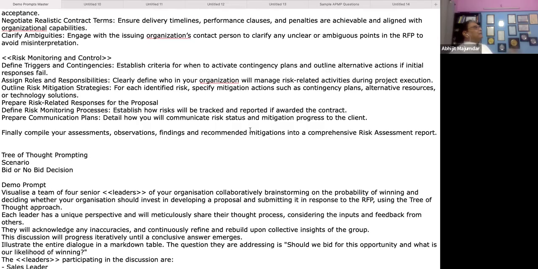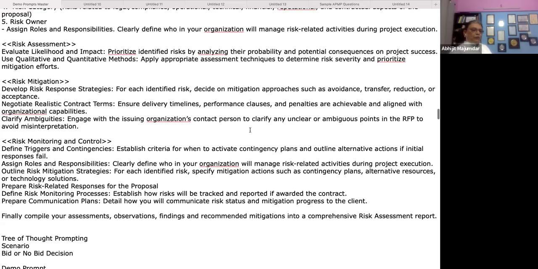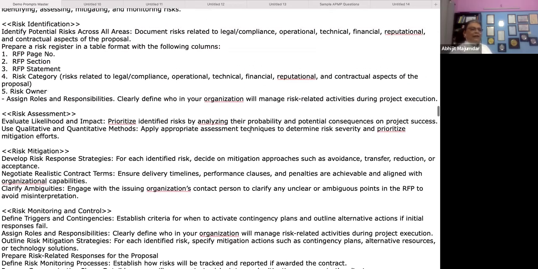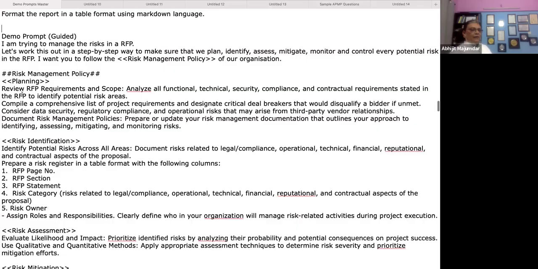You can tailor or customize it as per your organization and follow your standard operating procedures for risk management. You don't always have to depend on the knowledge or capability of the LLM.